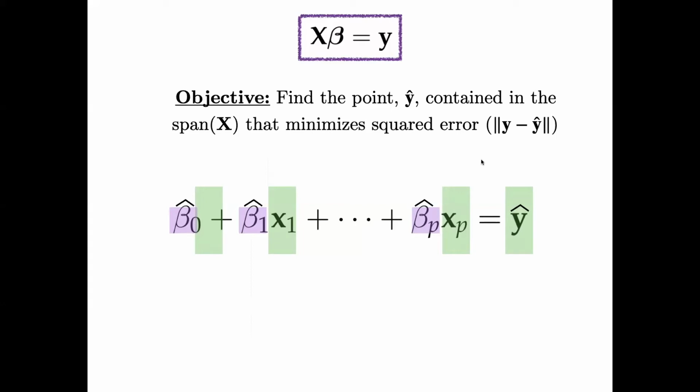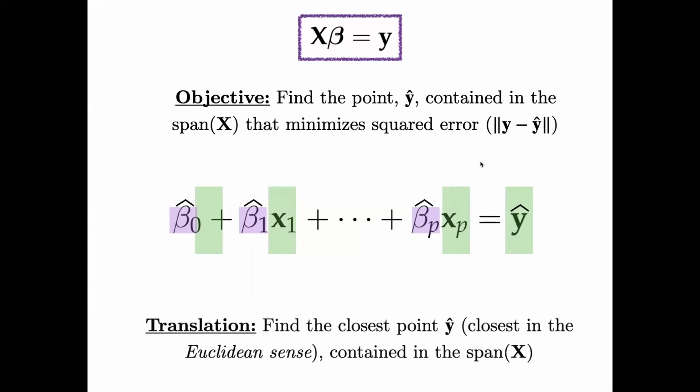And again, I can translate that objective to say that we want to find the closest point, y hat, closest in the Euclidean sense. The Euclidean sense is just our normal sense of distance, that sum of squares. So find the closest point, y hat, that is contained in the span of X.